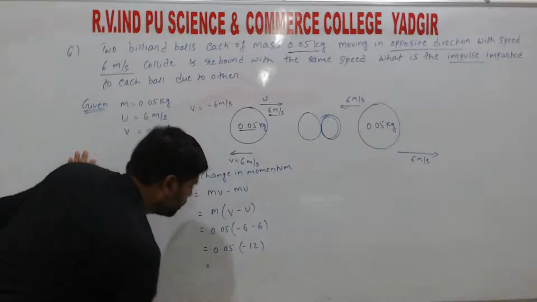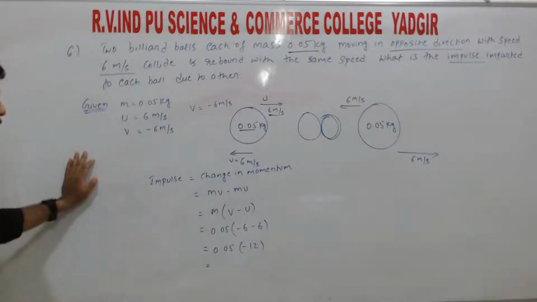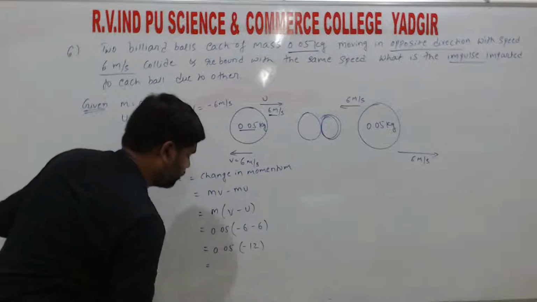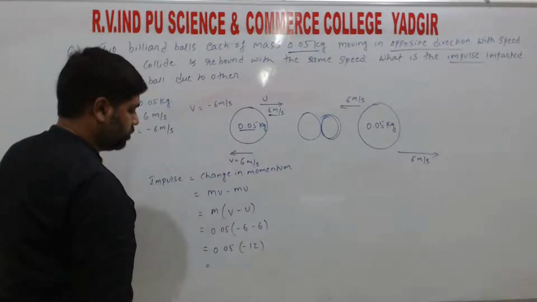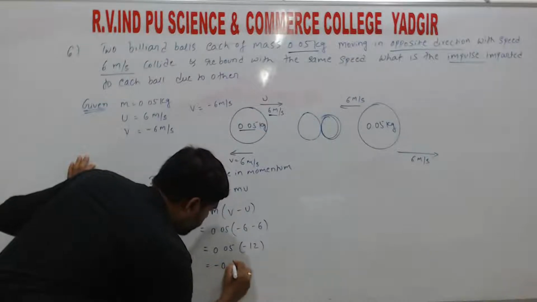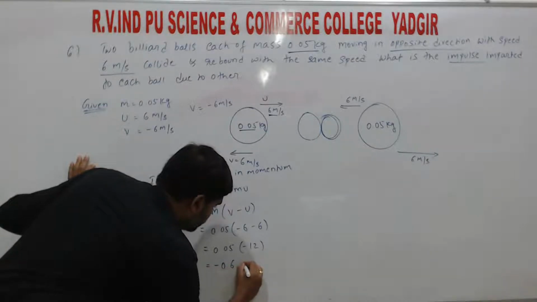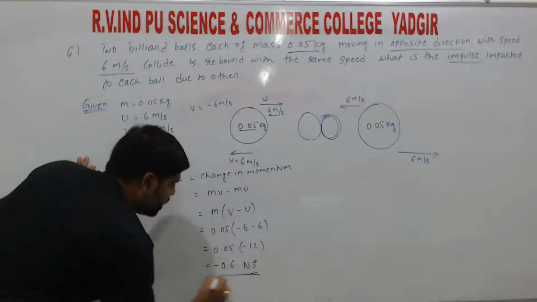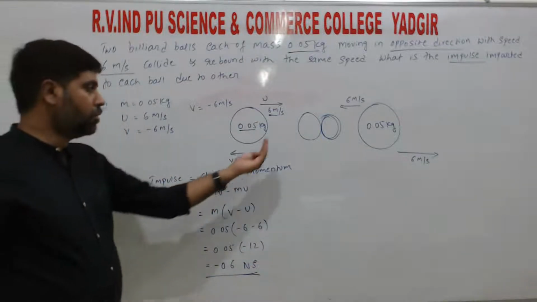How much do we get? 0.05 into minus 12 is minus 0.6 Newton second. Here minus represents the direction.